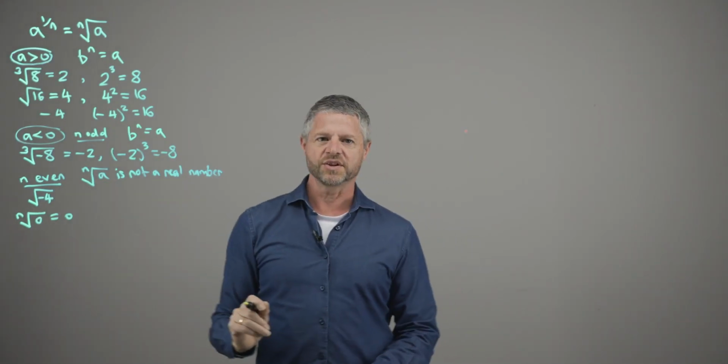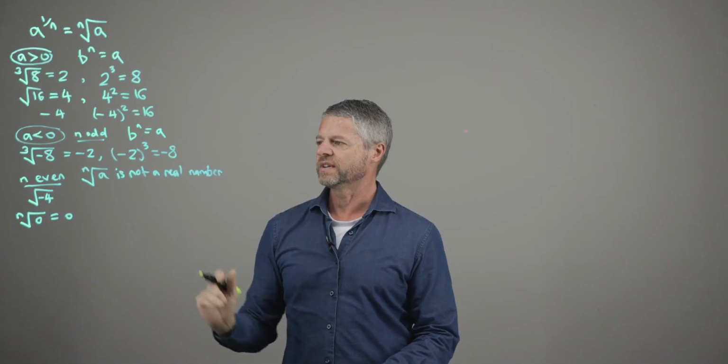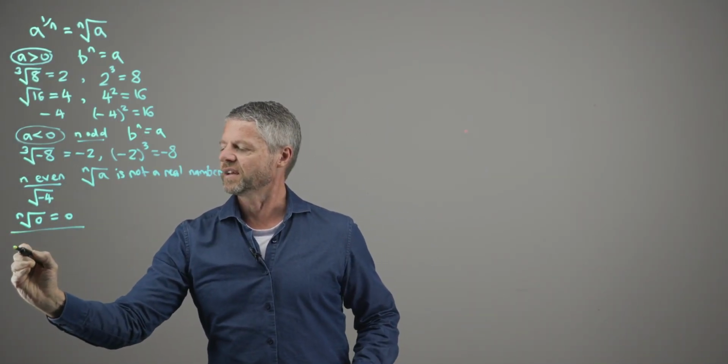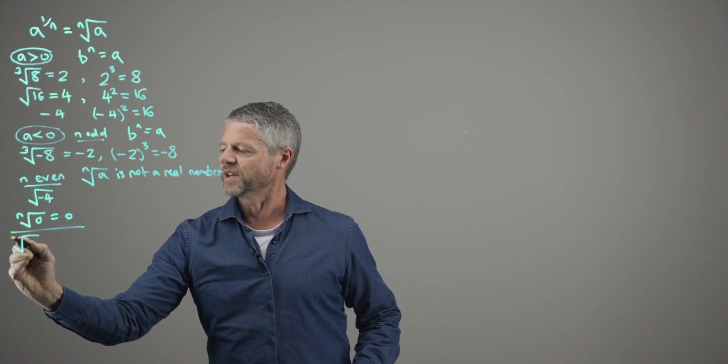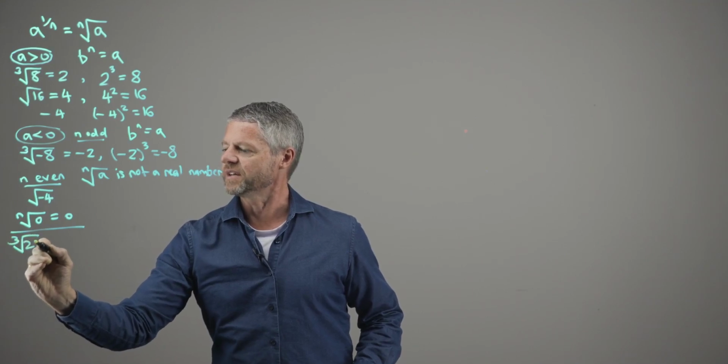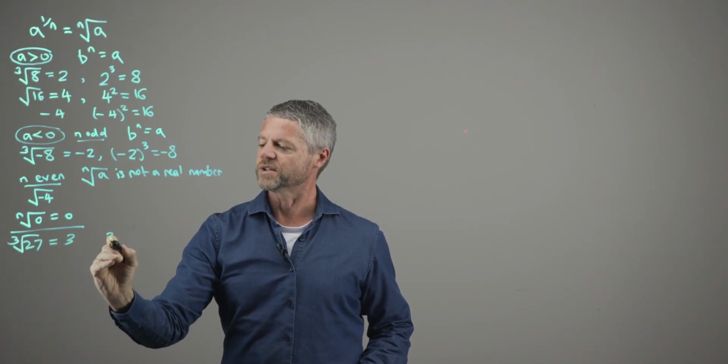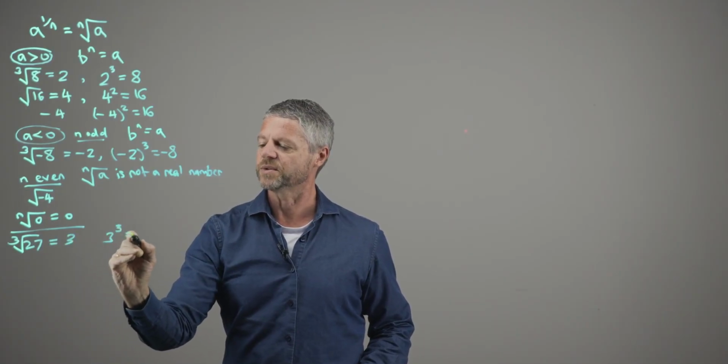So let's just go through a few more examples. Let's do the principal third root of 27. So that's 3, because 3 cubed is equal to 27.